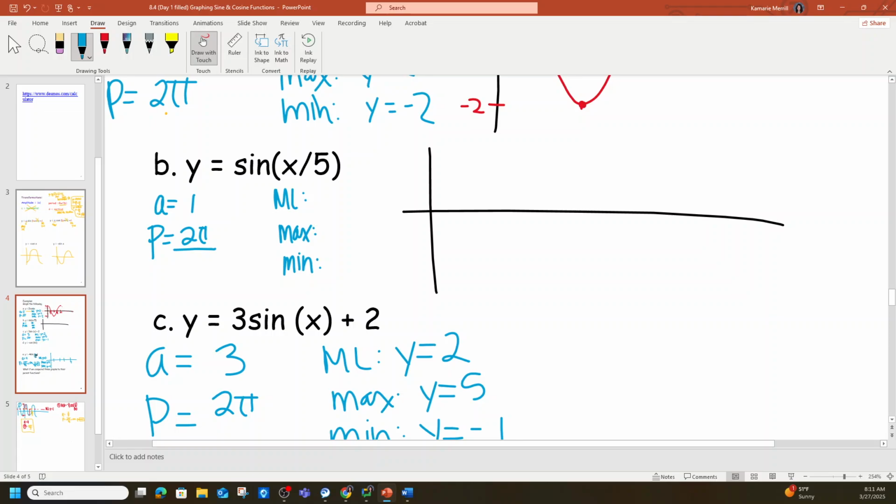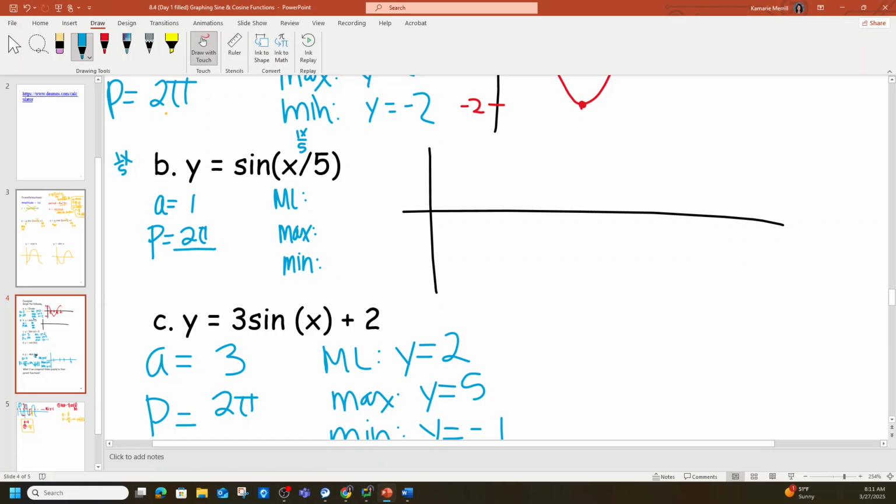2 pi over, careful. Because my program doesn't do equations very well, this is x over 5, which is the same thing as, what is your b? Because this says x over 5. Same thing as saying 1 what? 1/5. So this is the same thing as 1/5 x.